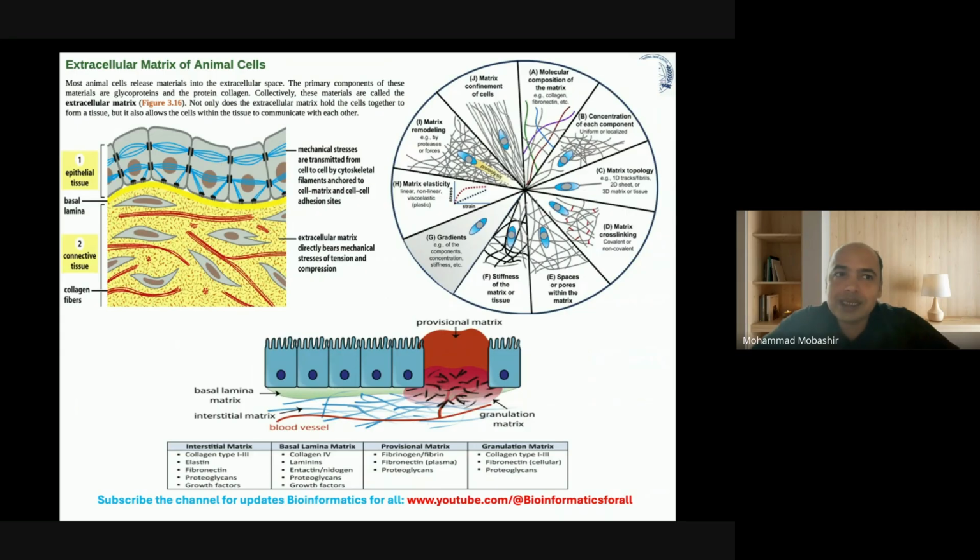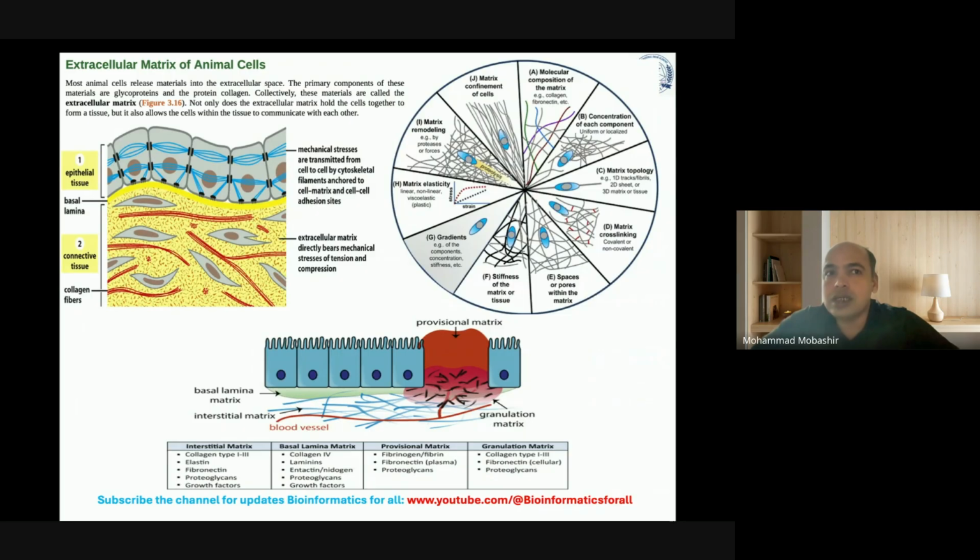So what is it? Most animal cells release materials into this extracellular space. The primary components of these materials are glycoproteins and the protein that is collagen. So these materials are together called extracellular matrix.